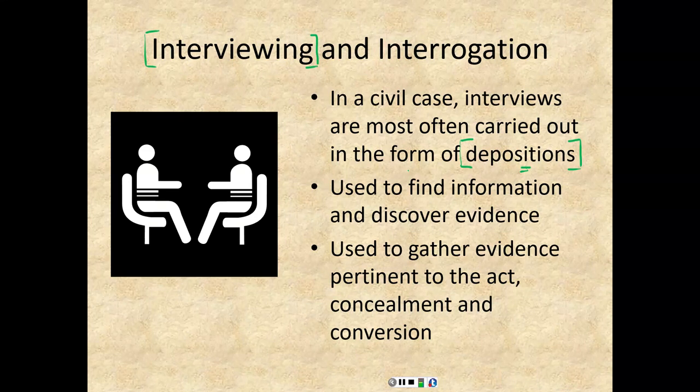But they're using it to find and discover evidence, for all three items: act, concealment, and conversion. Interrogation is what happens when you've honed in on a principal, somebody that's definitely of interest. So it changes the pattern, how aggressive you are as well.